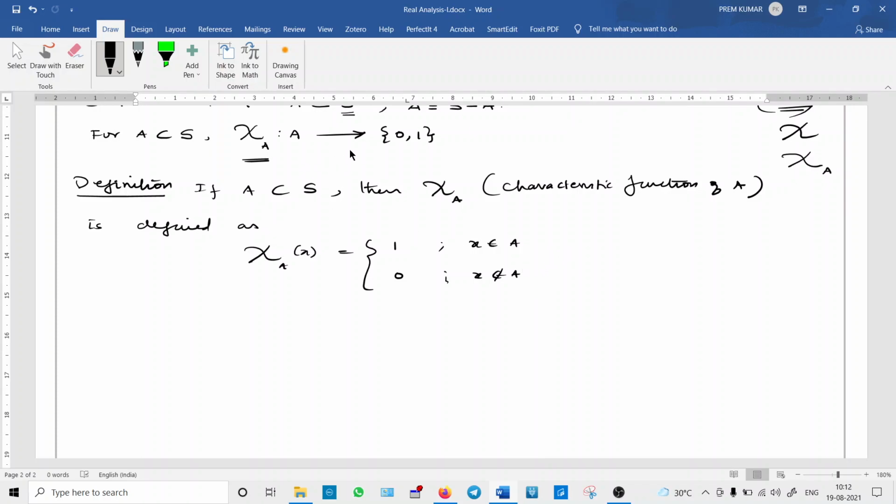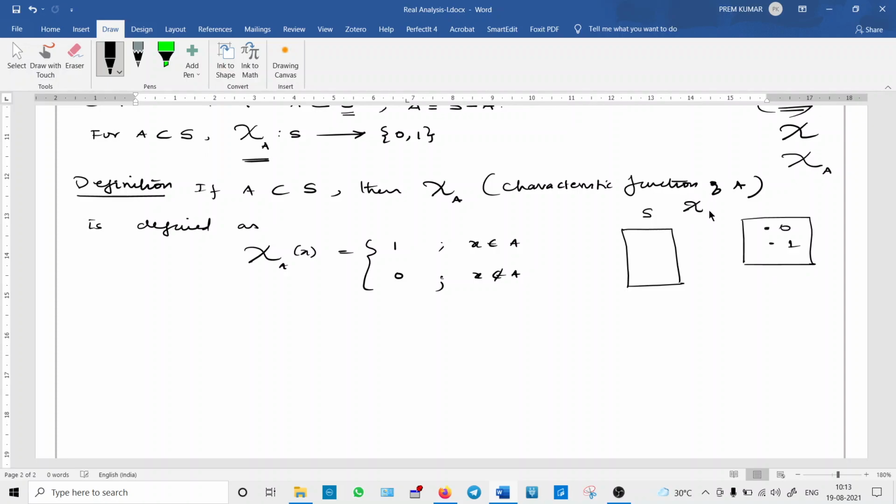See here, the function is like this. Just change here: it is defined on the universal set S. So now suppose this is the universal set, and the codomain contains only two elements, 0 and 1.